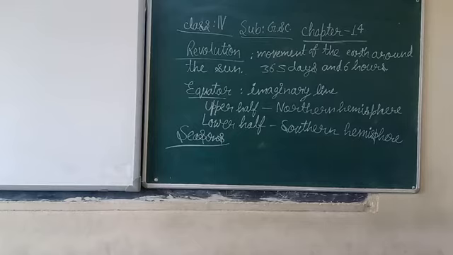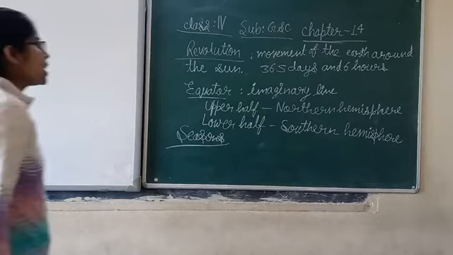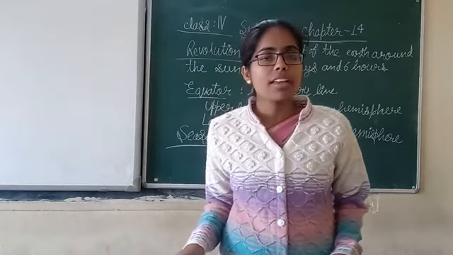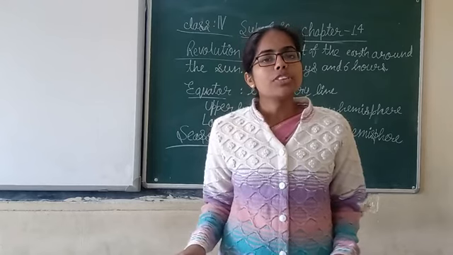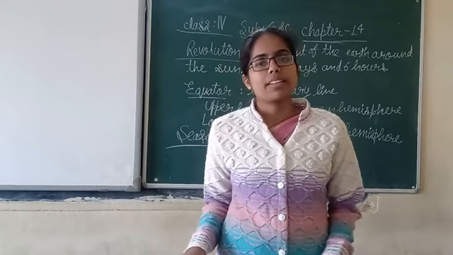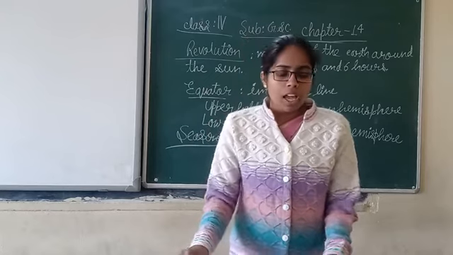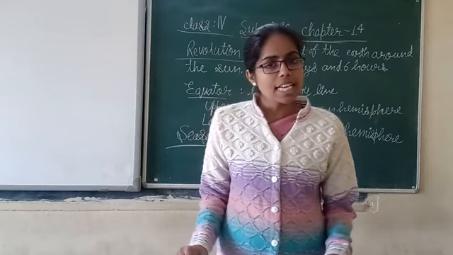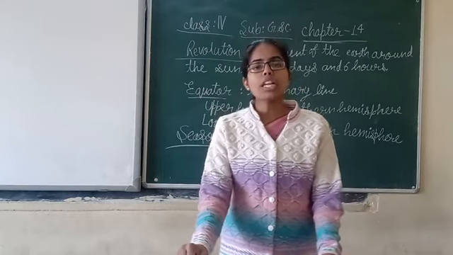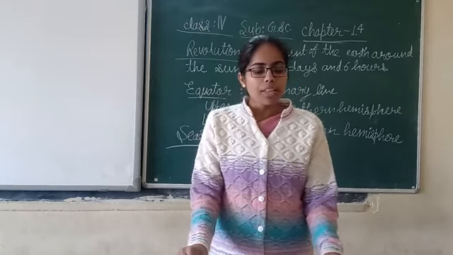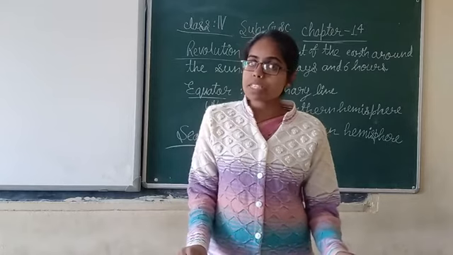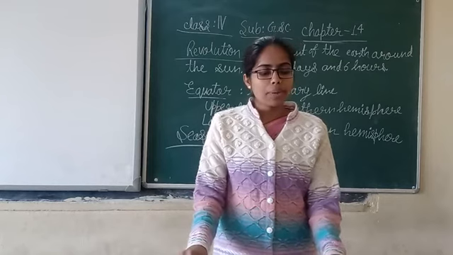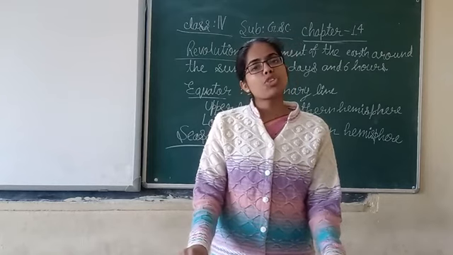And we know one more fact, that the earth is slightly tilted at an angle of 23.5 degrees. The tilt of the earth causes the sun's rays to fall more directly on either the northern hemisphere or the southern hemisphere, depending on the position of the earth.